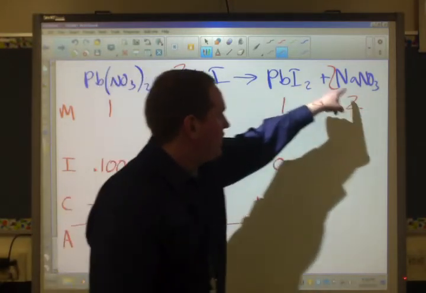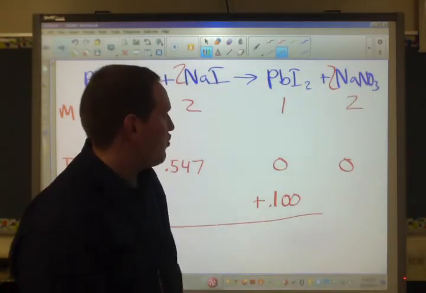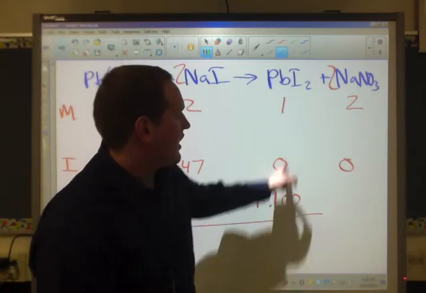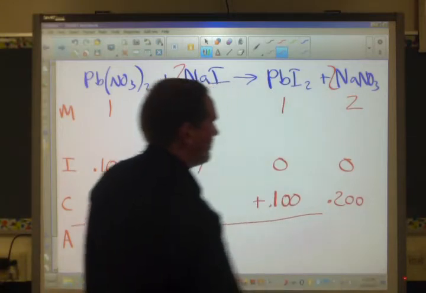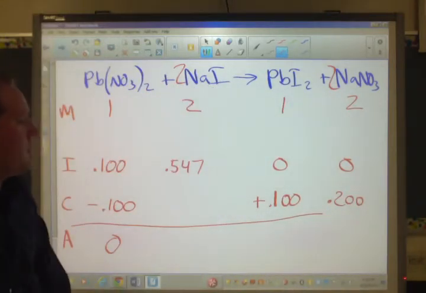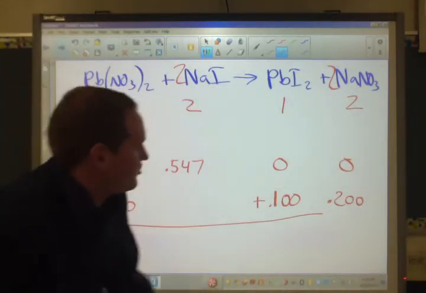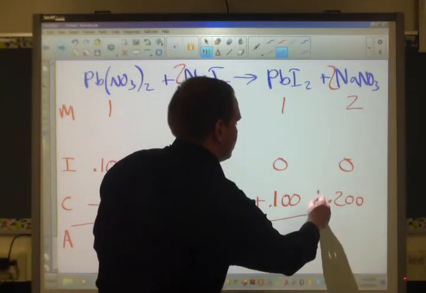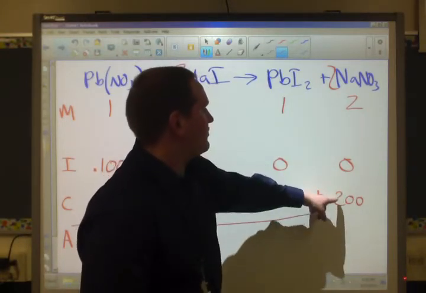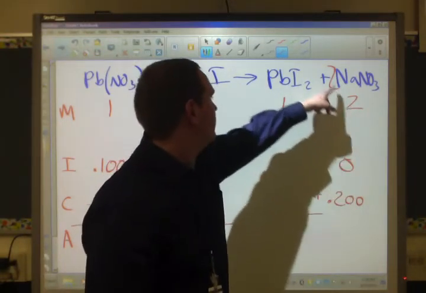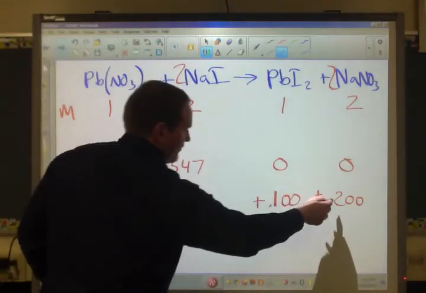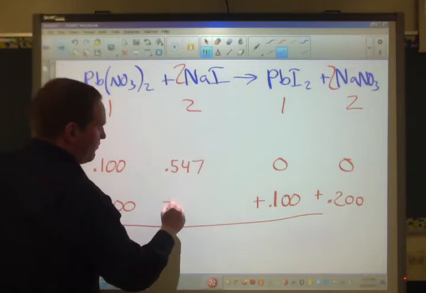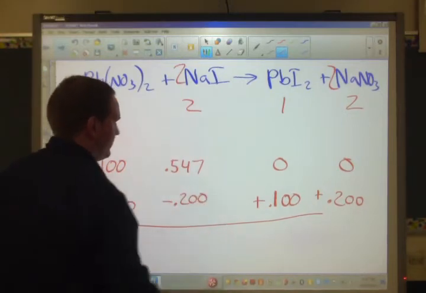Mole ratio, 1 to 2. So if I produce 0.100 moles here, how much am I going to get out? 0.200. Okay? Mole ratio. If I produce 0.200 here, I have a 2 to 2, or 1 to 1 mole ratio. So this much out means the same amount in, 0.200.